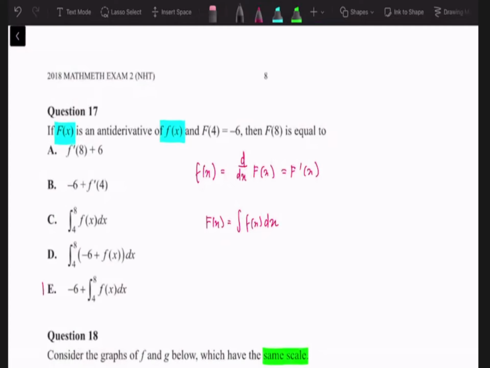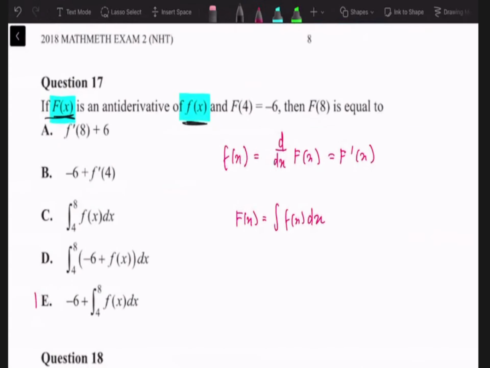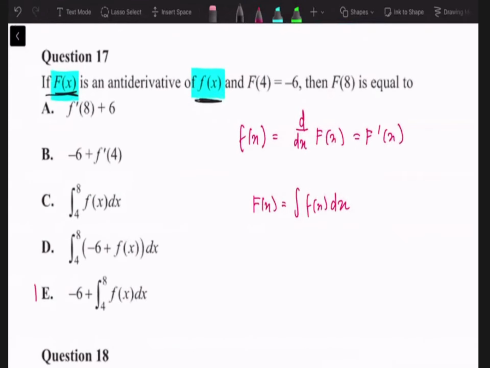So question 17, to do this, you just have to know that the little f(x) is the derivative of the big F(x). That's what the capital means. This is kind of a trick question because there's a rule for this in special, but you can figure it out. So we start with this one.